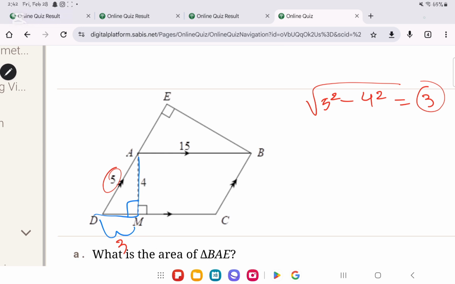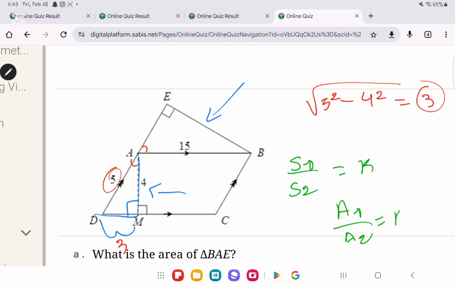Okay? Now, these two angles are vertical angles. That means these two triangles are proportional triangles or similar triangles. So, if you find the area of this triangle, you would be able to find the area of this triangle, knowing that side 1 over side 2 is equal to constant, and area 1 over area 2 is equal to constant squared.